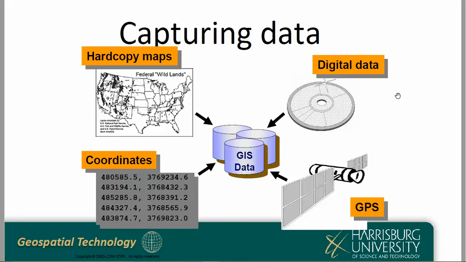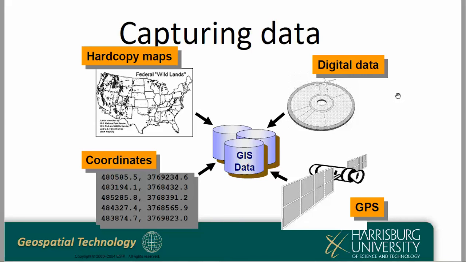In the geographic information system world, oftentimes we'll scan these hard copy maps and then produce different kinds of data after that. Digital data, data that's already been digitized or is in electronic form, can come from lots of different places. Here we show a CD, but it's an old image. Really, most data now will be downloaded through the internet.